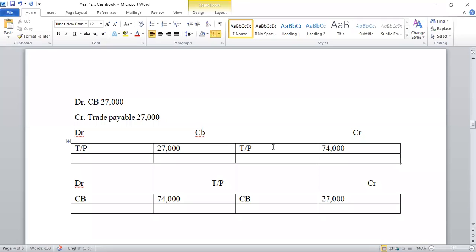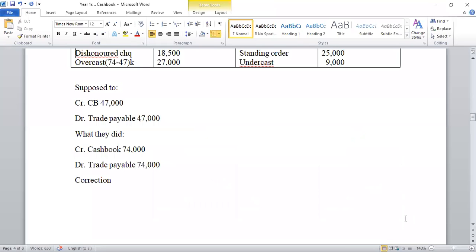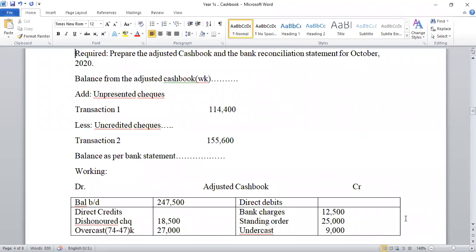Now, assuming it was an undercast, like we saw for 9,000. Allow me to remove this and do something new. Let me go back to that part.